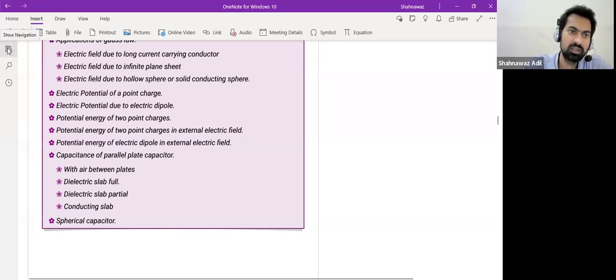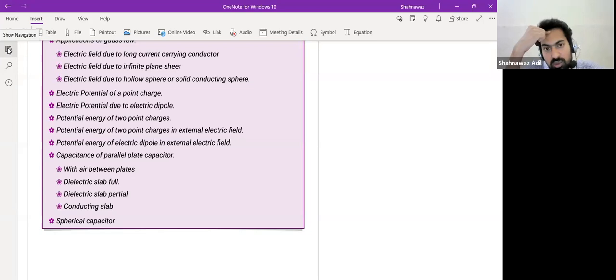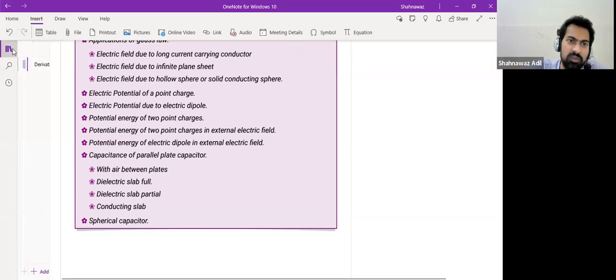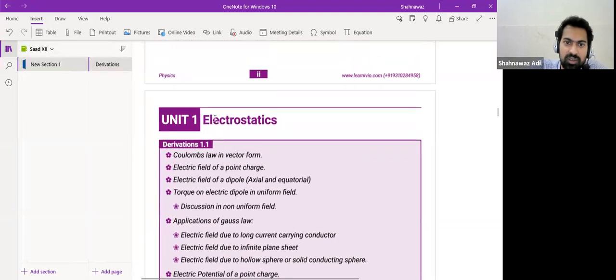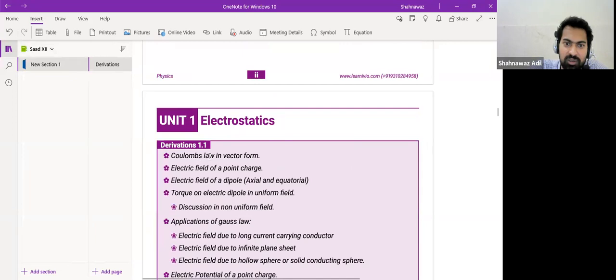Then I guess you would be able to score good marks. But I haven't taught you Coulomb's law in vector form, so what should I do? Let's start at some point. I will send you the notes, you go through them, and whenever you have any query or doubt, ask me.